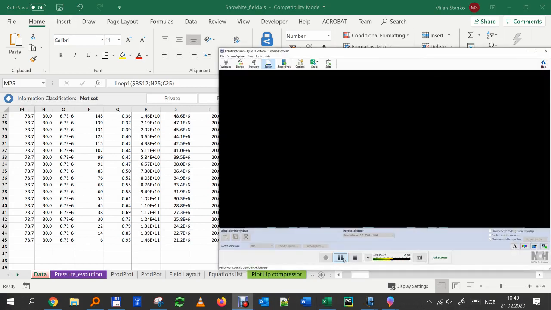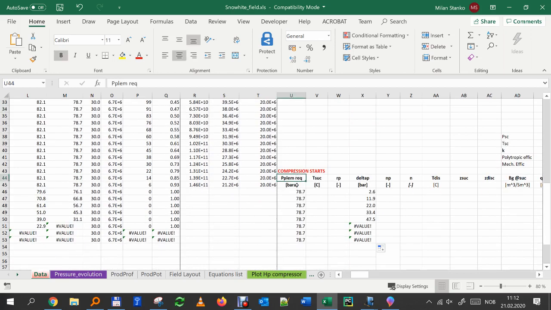So let's just calculate that first, and then we start to see how we put all the constraints in our sheet. It's more correct if we don't call it here plane required, but simply we call it compressor discharge, okay? Because it's not really in the plane. The plane is where I'm merging all the lines and they're entering into the compressor. And at this point I have the discharge of the compressor.